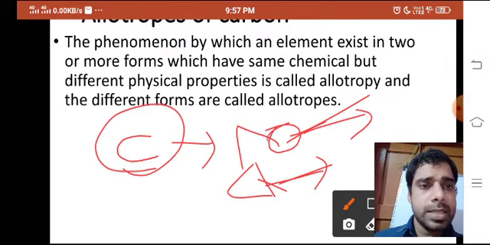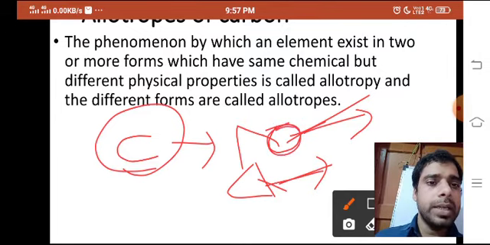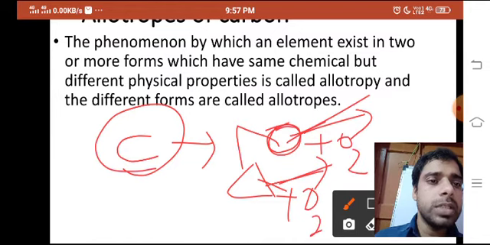If both have the same element, and I am burning both in oxygen, and they are made up of carbon only, what will it give? Carbon dioxide, CO2. This one also gives CO2.